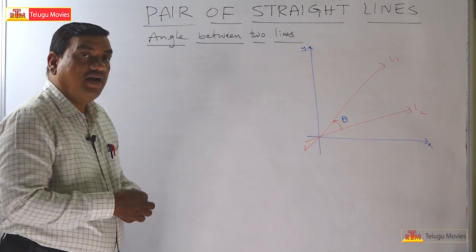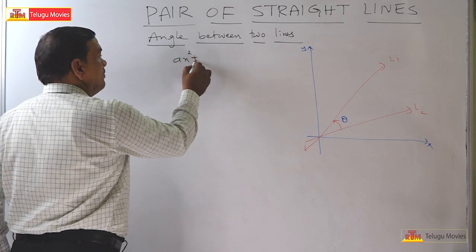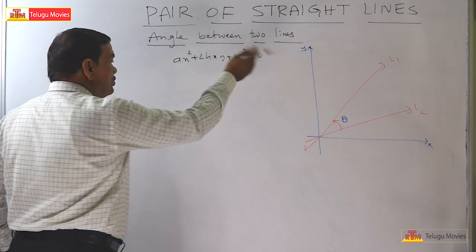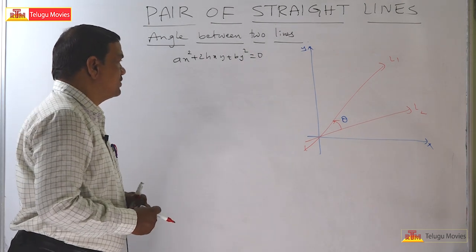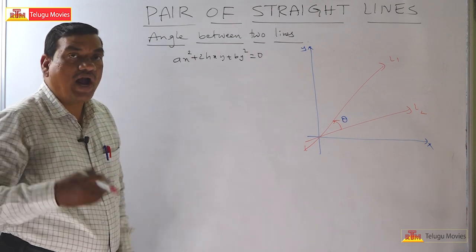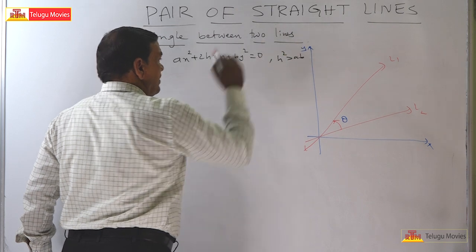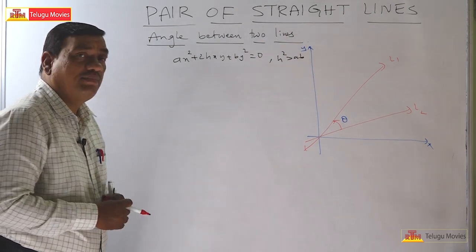Let the combined equation of these two lines be ax square plus 2hxy plus by square is equal to 0. And one more thing, let us say h square is greater than ab, so that those two lines will be distinct and there will be an angle between them.